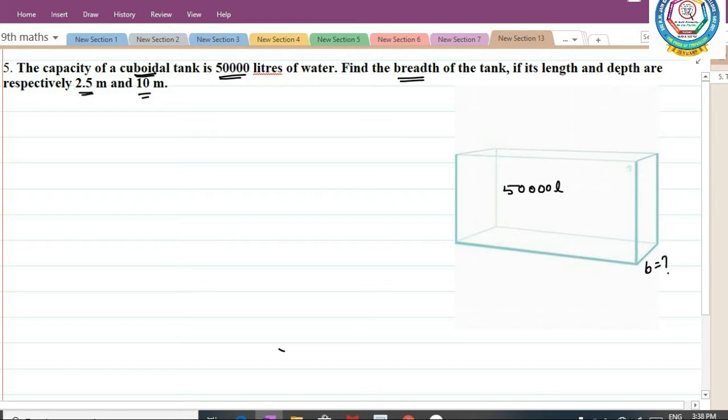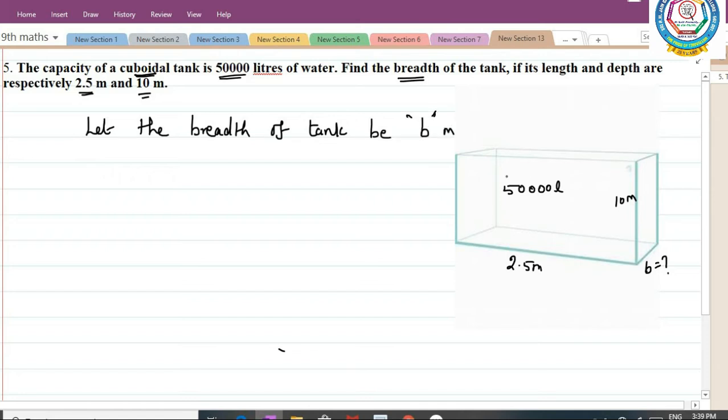Its length and depth. Length means long, that is 2.5 meters. Depth means height, that is 10 meters. I don't know what the breadth of this tank is, so let the breadth of the tank be b meter.